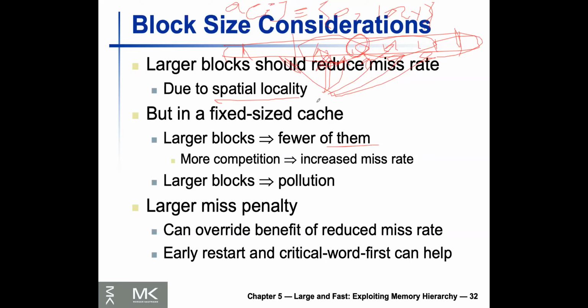Now, at the same time, we are increasing the miss rate, so we are going against the purpose, right? That's why, as the blocks get larger in a fixed size cache, which is pretty much all the time, you're going to have more polluted data and more miss rate, okay?